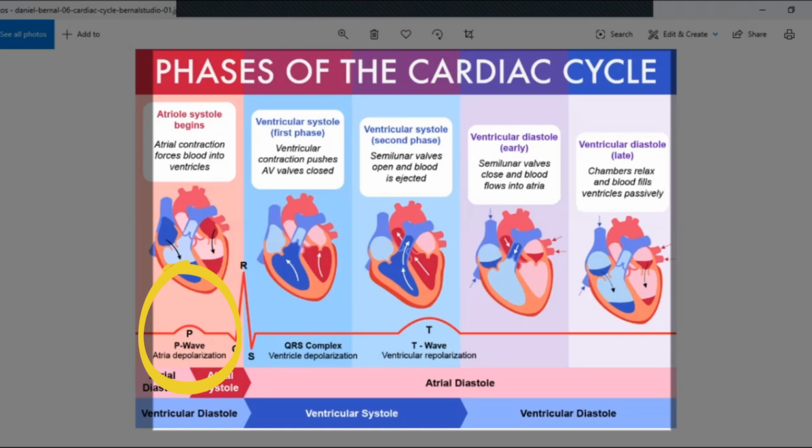The P wave is all over the place, right? So when there's no synchronized beats of that P wave, the ventricles are not able to fill up with blood, okay?